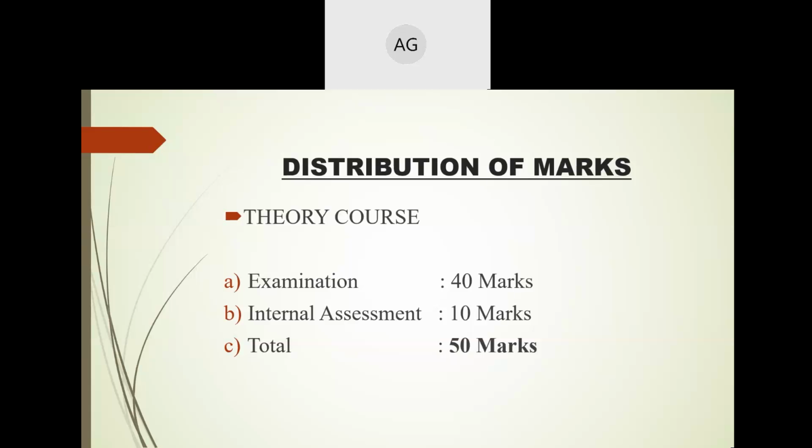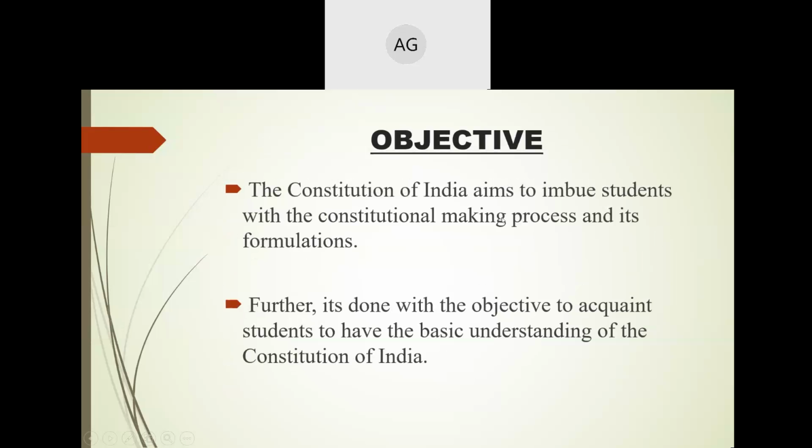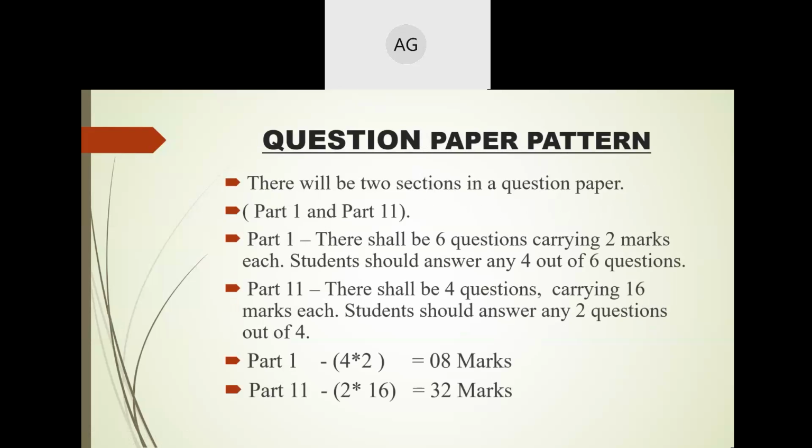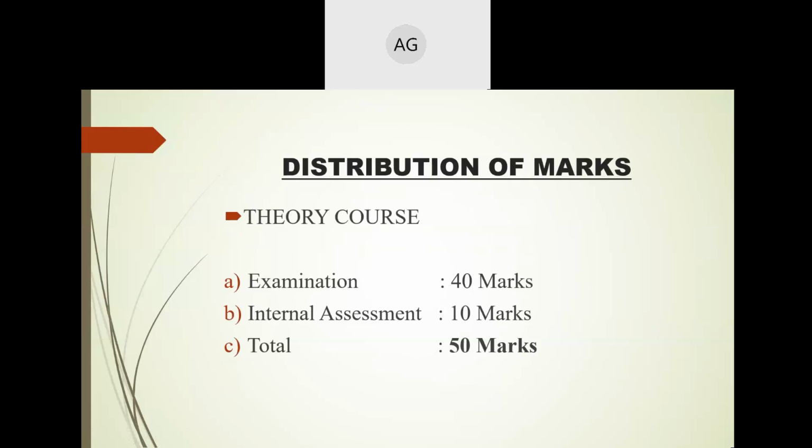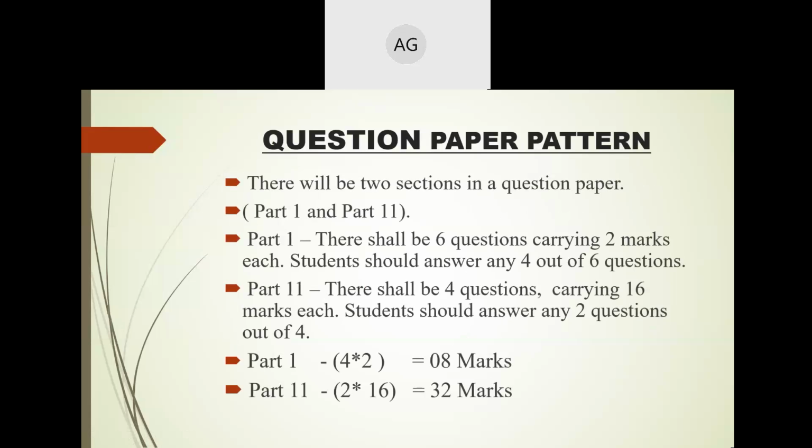Next, let's discuss the question paper pattern, which is very, very important. Students, there will be 2 sections in your question paper, that is part 1 and part 2. There are only two sections.